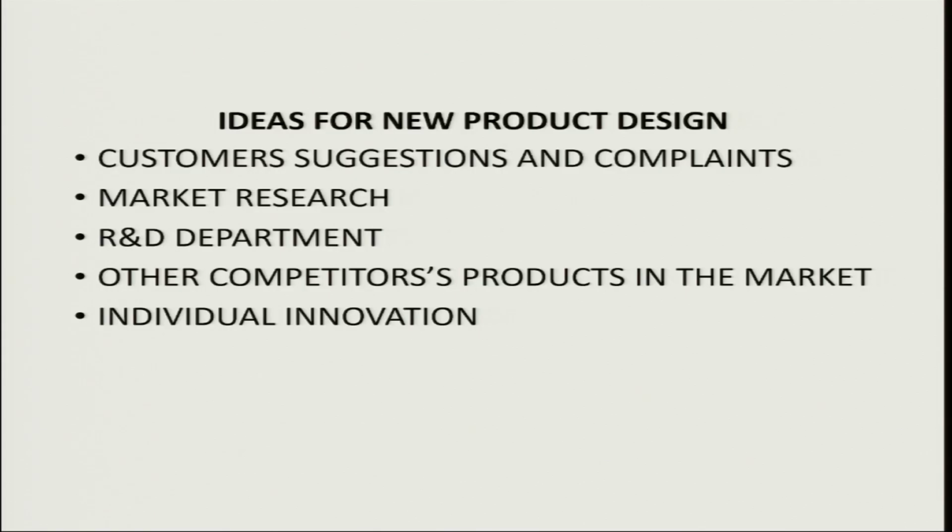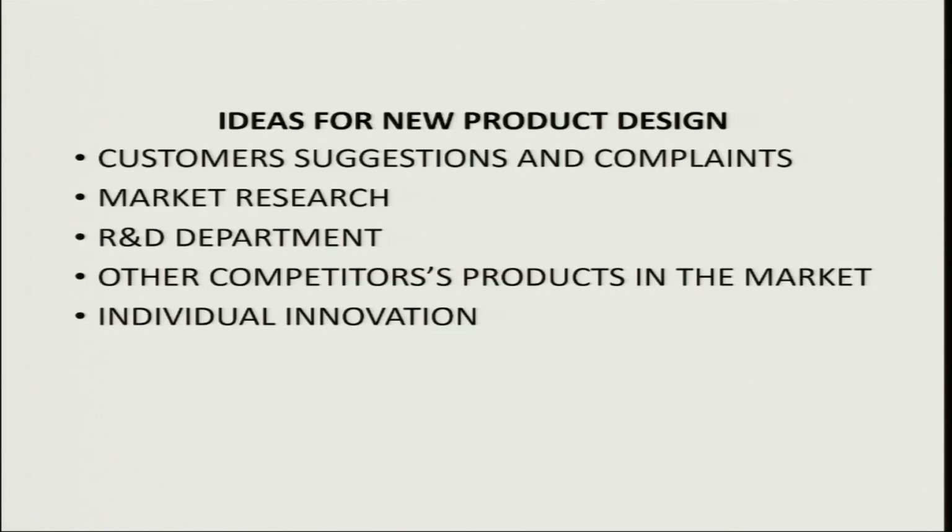Then every organization has a market research team which keeps on surveying and taking feedback about the existing products, and based on that they may suggest to the R&D and product development people what needs to be done, what additional features customers are looking for, and what features are not very good in our existing product and need to be improved.